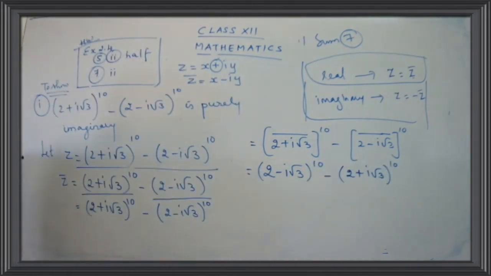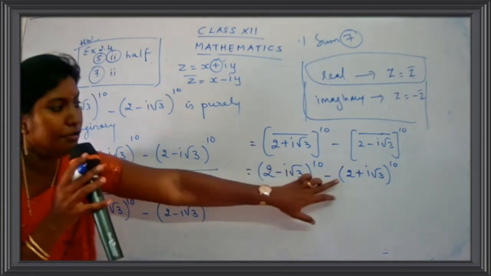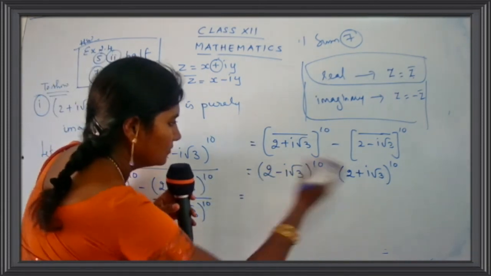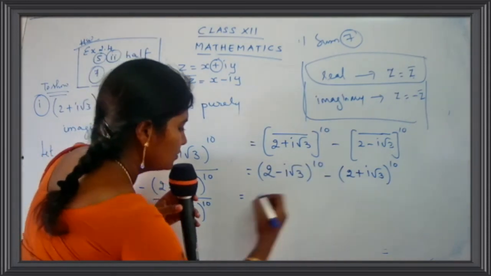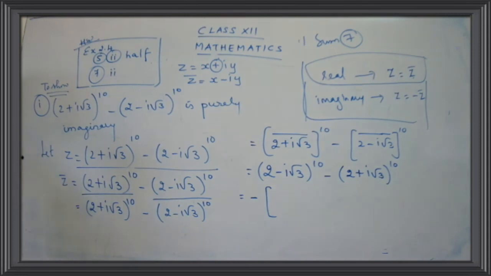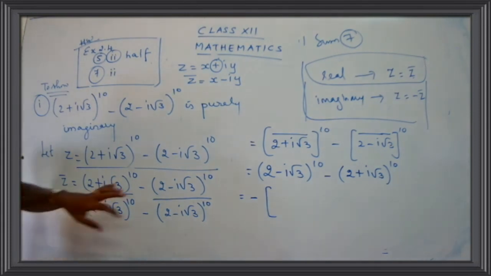Clear, children? So what I am going to do, see here, in the question I am having 2 plus i√3 first. Here I am having 2 plus i√3 in the second term. I am just going to exchange them. So this is minus. What are we going to do? We are going to take the minus sign common. Be careful with this step, children.